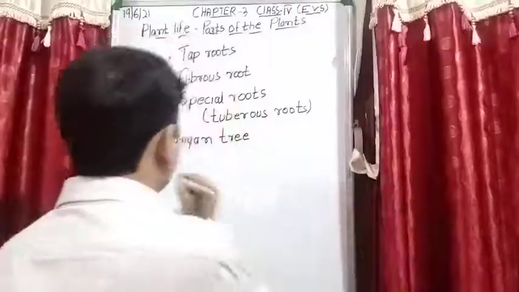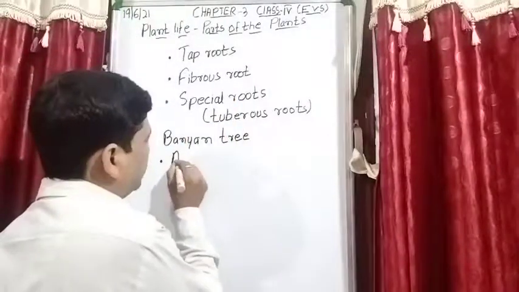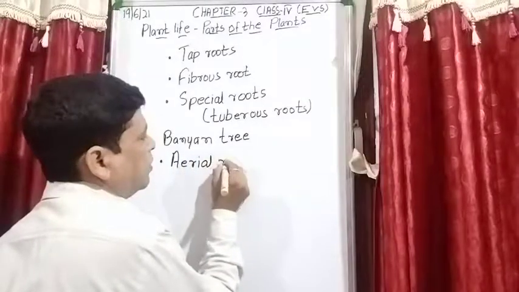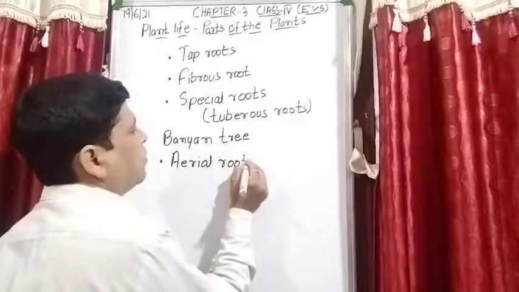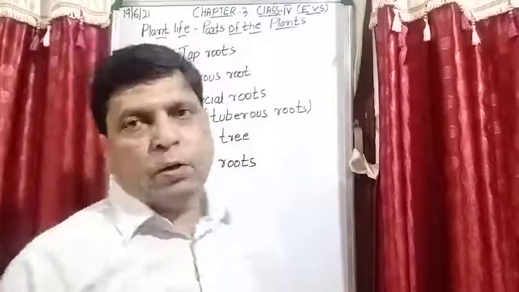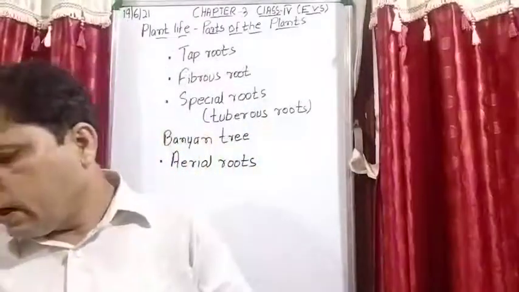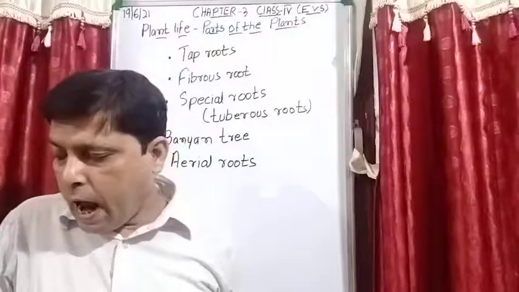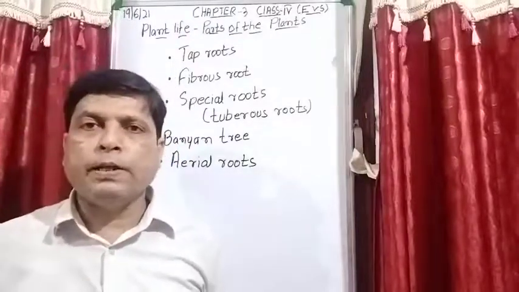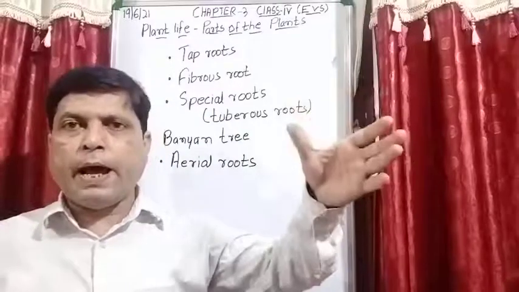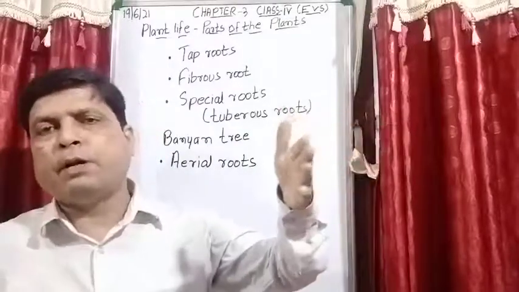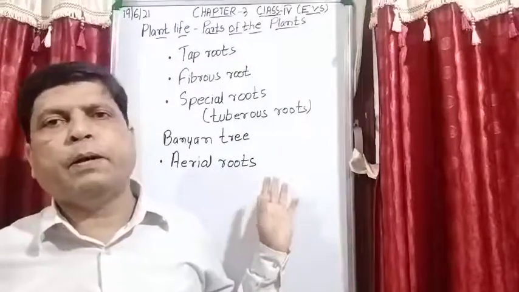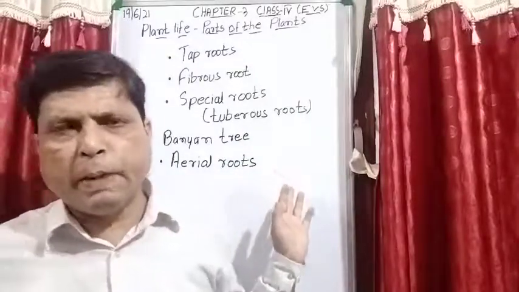This type of root is known as aerial root. These roots hang in the air and are not covered by soil. ये roots एयर में हैंग हैं, ब्रांचेस से लटकी हुई होती हैं, and they are not in the soil. This happens in the banyan tree.